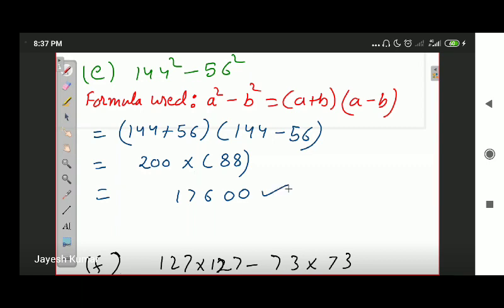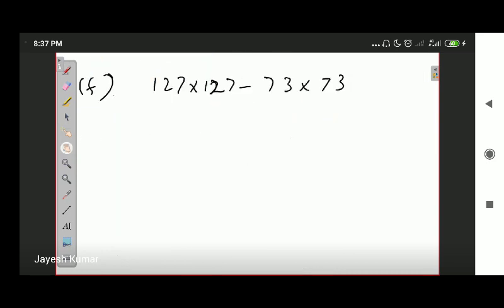Okay. So in this question, we were quite lazy to find out the square of 144 and 56. So we applied the identity in the reverse order. In the same manner, you can apply the same approach to this question as well. You can rewrite 127 into 127 as 127 square, and 73 into 73 as 73 square.